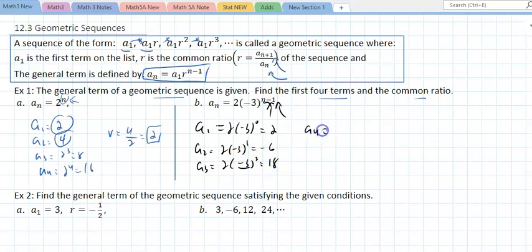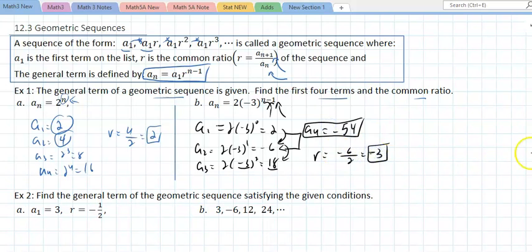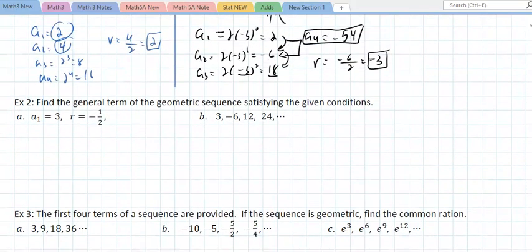A sub 4, well you can guess, since they told me it's geometric, you multiply by negative 3, that's negative 54. And the common ratio is any term divided by the previous term. You're multiplying by negative 3 every time.